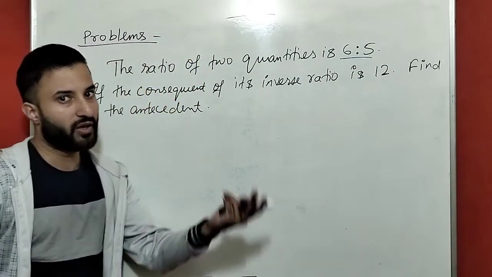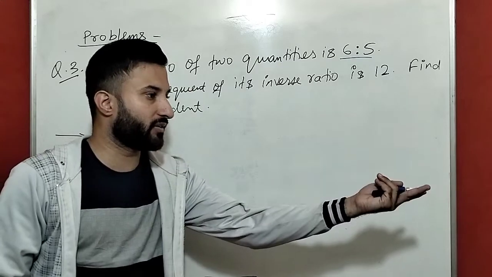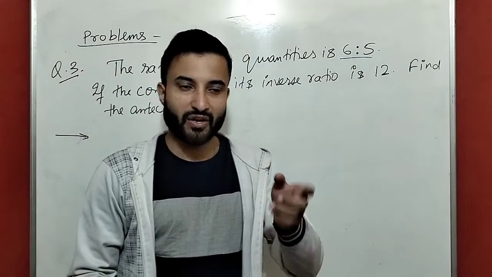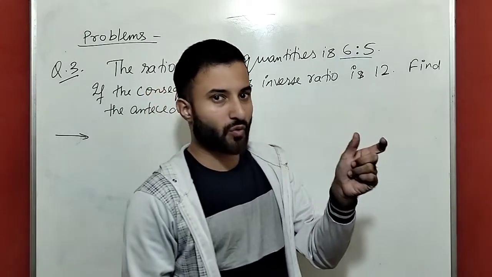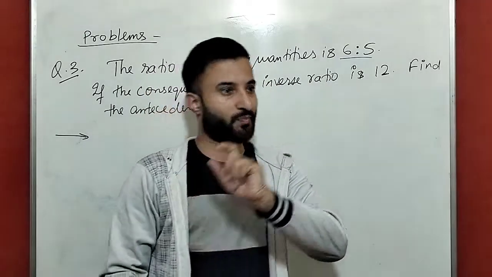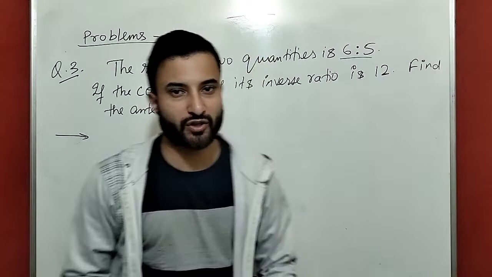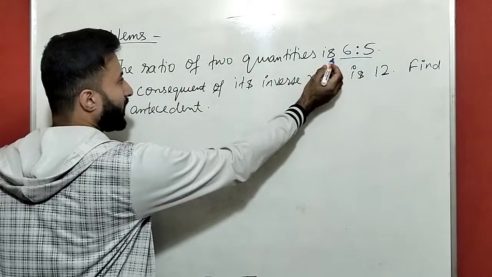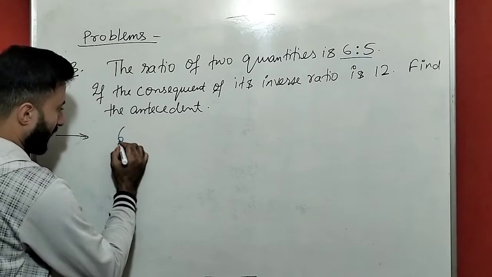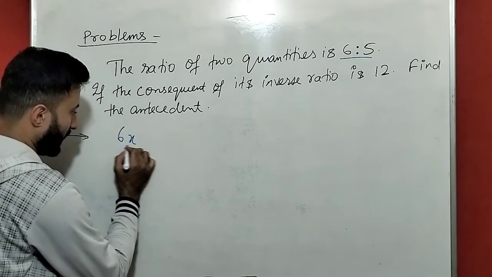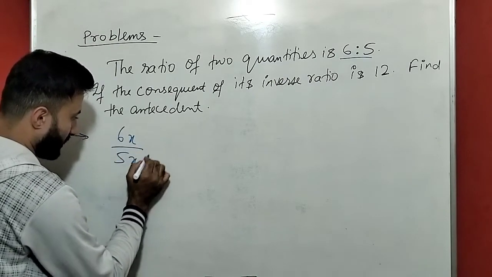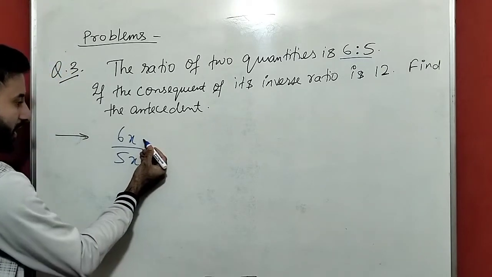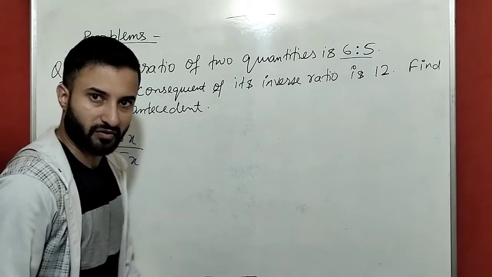As I have told you, if two quantities are given in ratio, we will represent them with the help of x. So the ratio of two quantities is 6:5, so we'll write the ratio as 6x and 5x, right? 6x is the antecedent, 5x is your consequent.